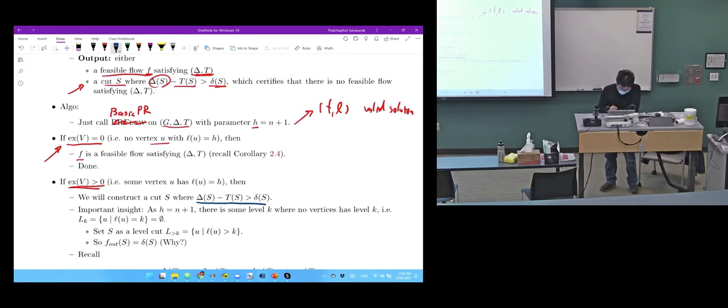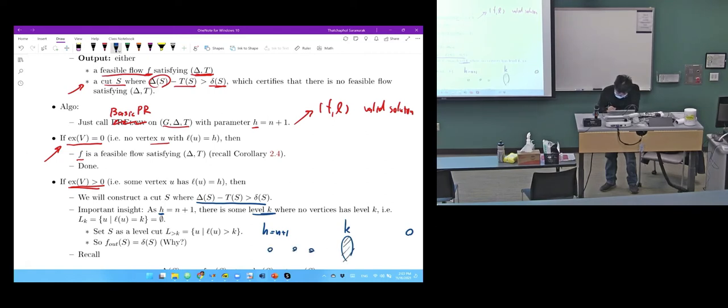So the important insight that we will use is here: because h is more than the number of vertices, there must be some level such that there is no vertex in that level. Let's say h is here, which is n+1, and this is 0. There will be some level k where nothing is here.